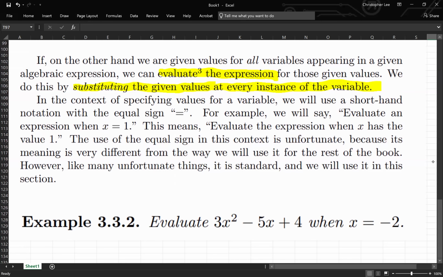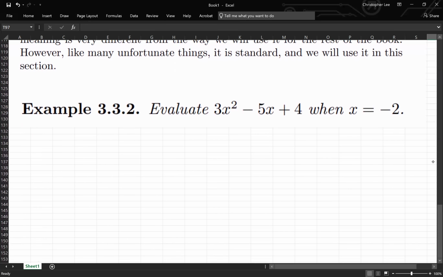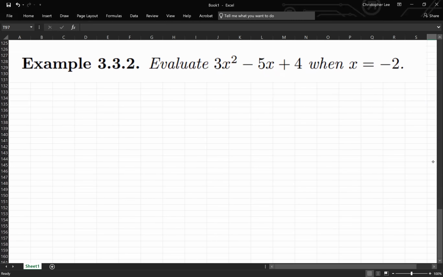All right. So let's look at another example. I want to evaluate 3x squared minus 5x plus 4 when x is equal to negative 2. All right. So this is how you do it. So I have 3x squared. Instead of the x, I'm going to write a parentheses.